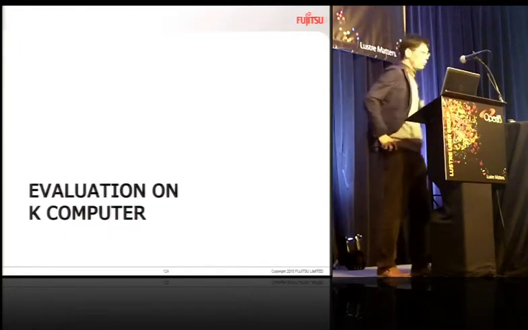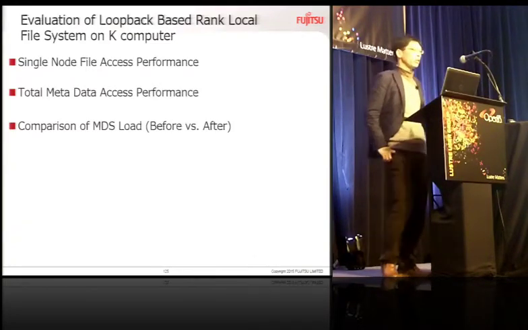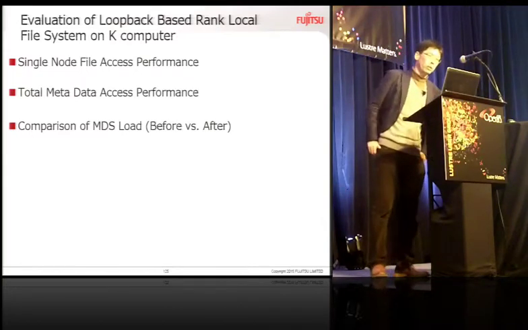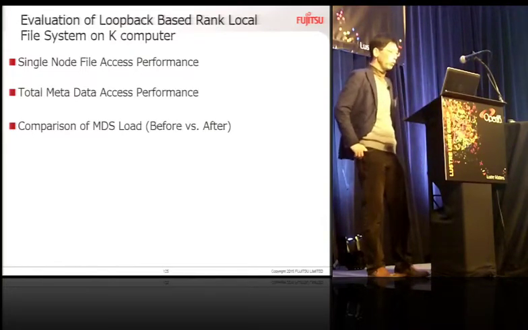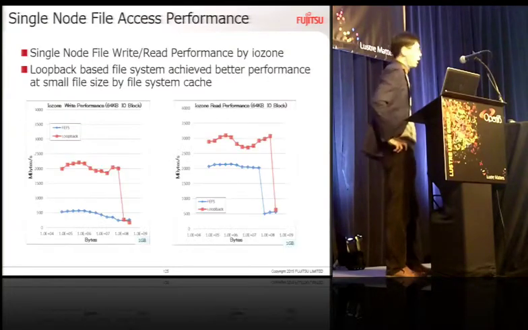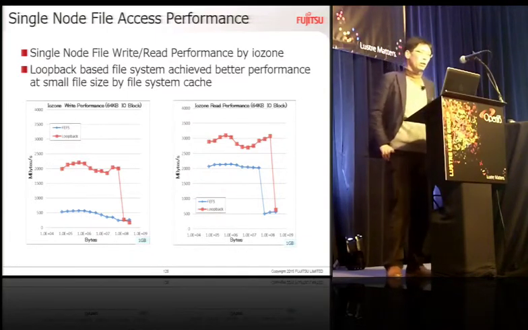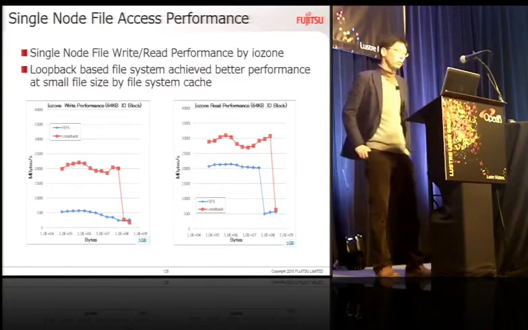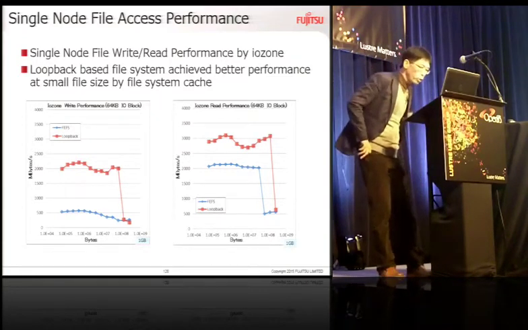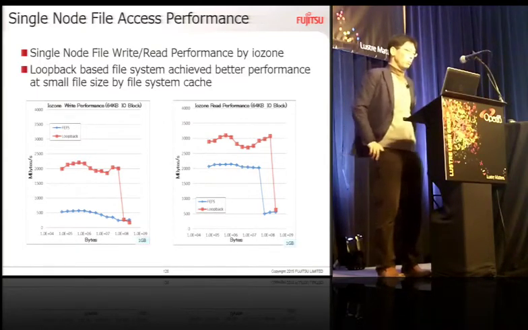So let's talk about the evaluation on the K computer. We evaluated 3 topics. One is the single node file access performance. Second, the total metadata access performance. And third, a comparison of MDS CPU load before versus after. So first, single node file access performance. Here's the result of read-write performance by IOzone. The X-axis shows the file size up to 1 gigabyte, and the Y-axis shows megabytes per second.